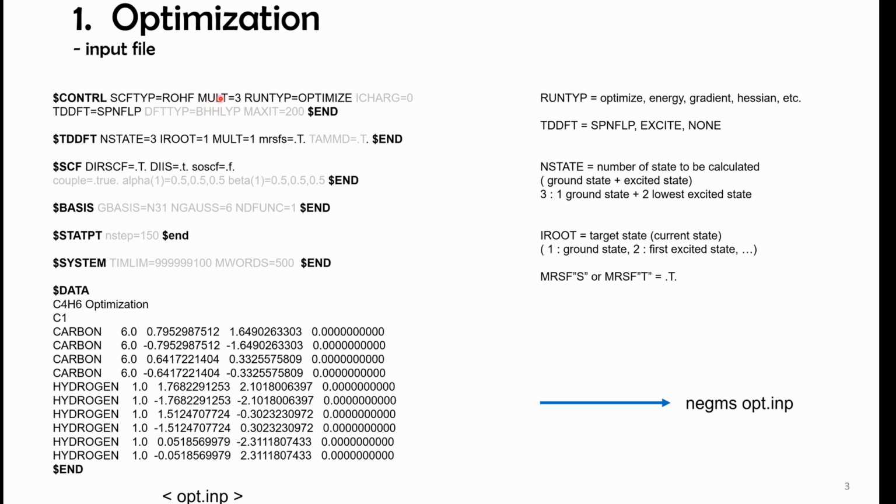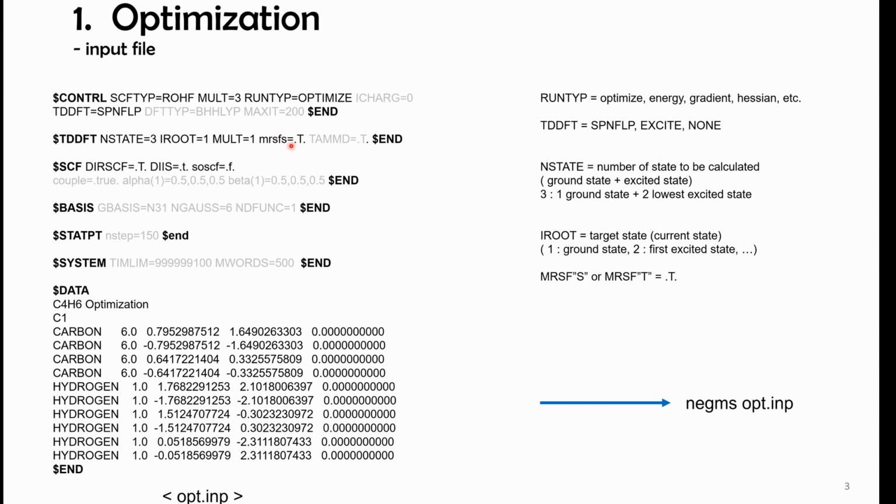For example, if I put multiplicity 3 in control and change MRSFS into DFT to not true, it will not work.